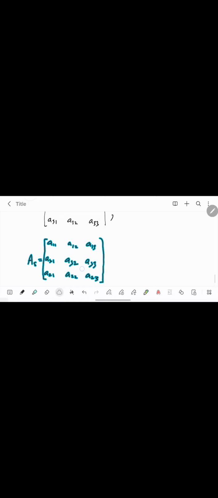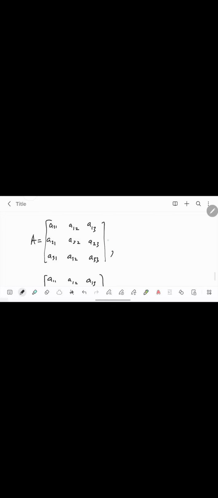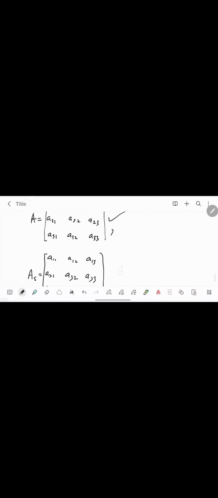So what I have done is swapped two rows. Now again I will prove that the determinant of this and the determinant of this are negatives of each other. So let's find their determinants one by one.